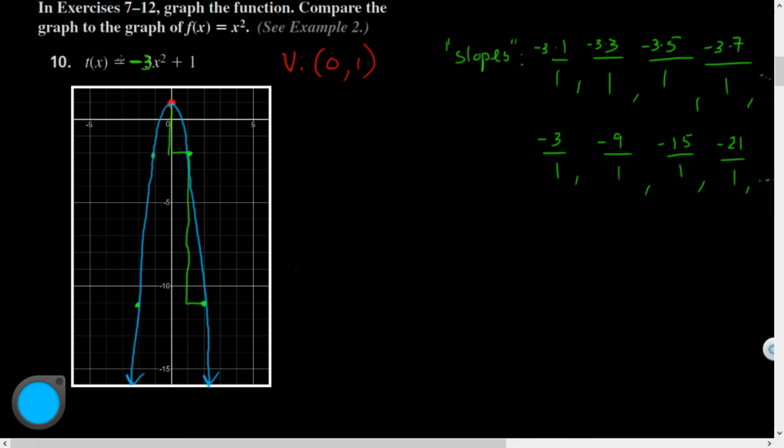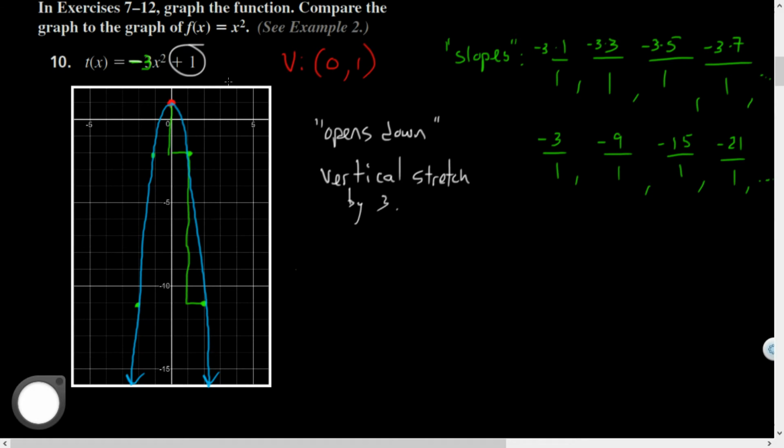All right. And so this -3, just in terms of some terminology, this parabola, I would say, opens down, specifically because of that negative there. It was also a vertical stretch by 3.